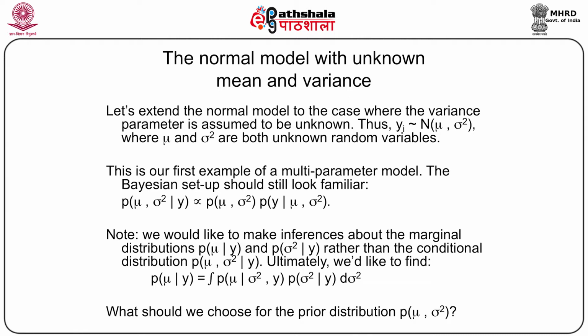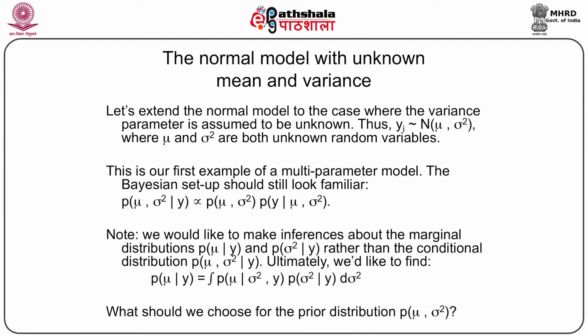Note that both mu and sigma square are unknown. This is our first example of a multi-parameter problem. Earlier we had only one parameter, even if there were two parameters present, because one was known. Now both are unknown and therefore it's a bivariate, or in particular a multivariate, parameter model.